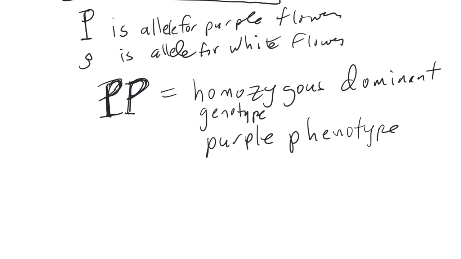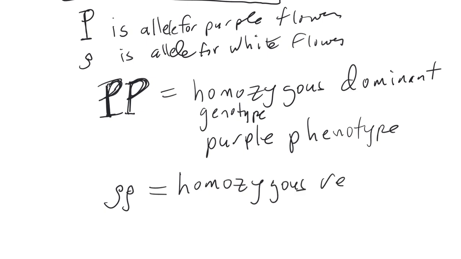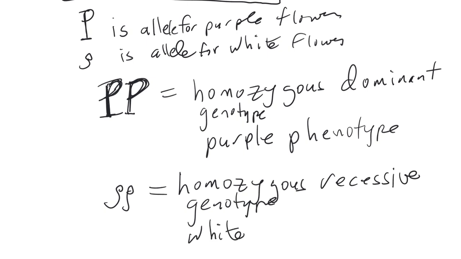Now, if you had lowercase p's, this would be homozygous. The genotype would be homozygous recessive, because they're both the ones that get masked. But the phenotype would be white flower phenotype.